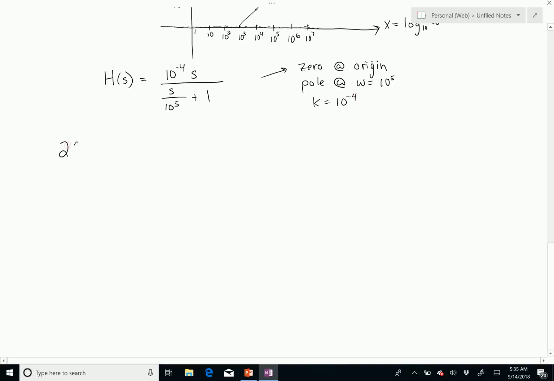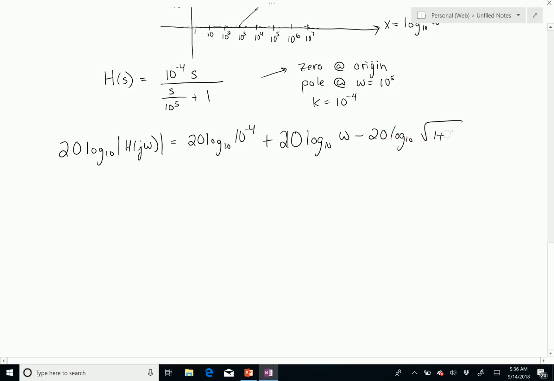So, all right, 20 log 10 of H of j omega is the combined effect of 20 log 10 of 10 to the minus 4 plus 20 log 10 of omega minus 20 log 10 of the square root of 1 plus omega over 10 to the 5th squared.